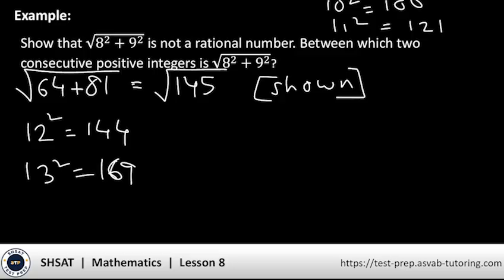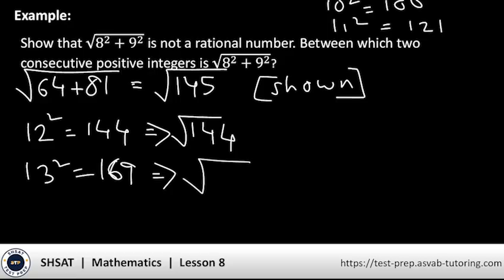So now what does this mean? If 12 squared is 144, this means that square root of 144 is one of the rational numbers, and at the same time square root of 169 is one of the rational numbers, right? So the question asked between which two consecutive positive integers is this.